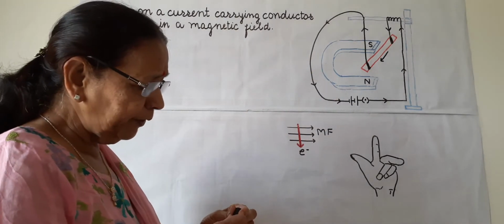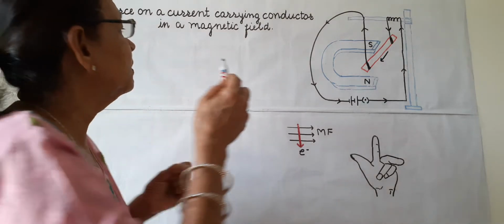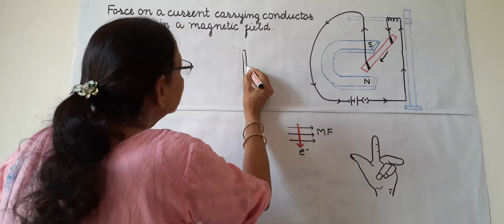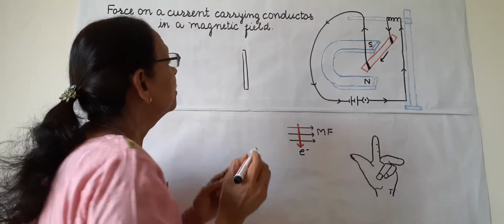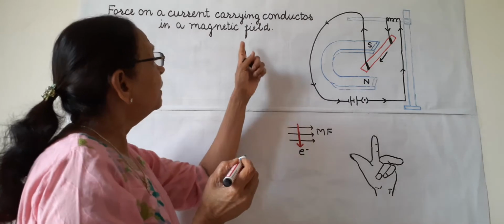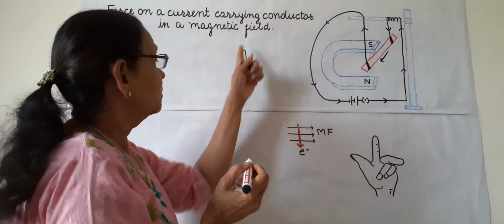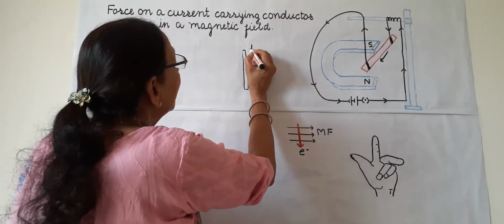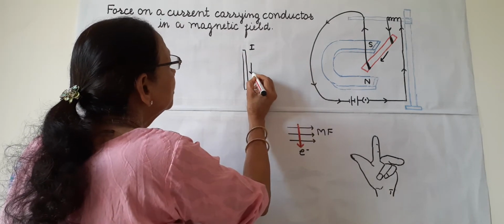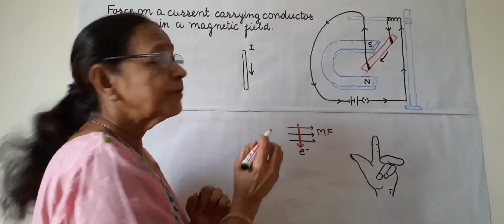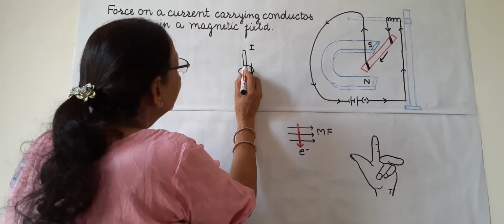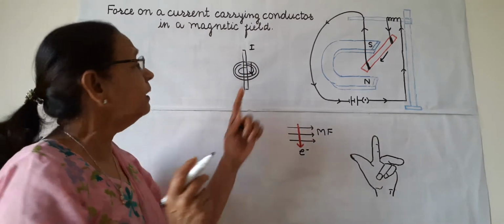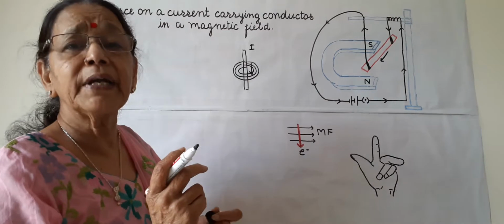So first of all, we know that Hans Christian Ørsted, a well-known scientist, demonstrated that if a current is passed through a conductor, suppose this is a copper wire, a magnetic field is developed around this conductor in the form of concentric rings.